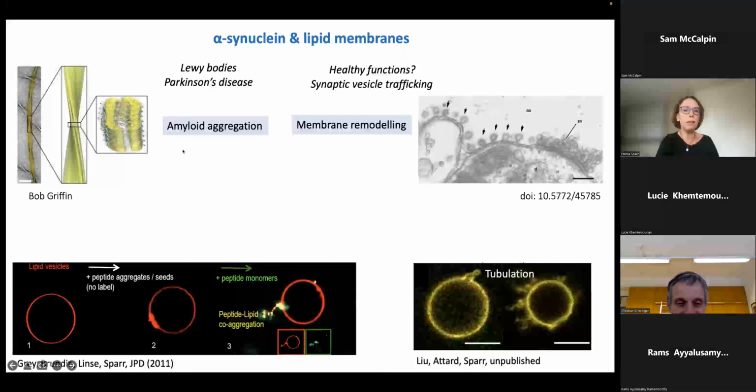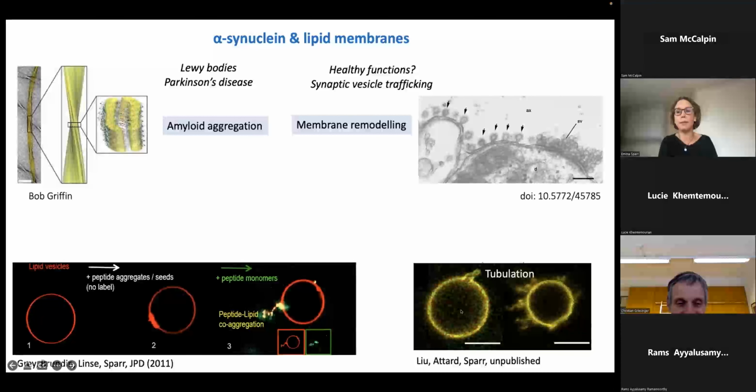To the left here, you see examples from a study quite some time ago that we have studied in our group for quite a bit. When the protein alpha-synuclein aggregates in the presence of lipid membranes, the aggregates that form can contain lipids, so we basically get lipid-protein co-aggregation. So it's not only an aggregation at the membrane, but also lipids within the forming amyloid.